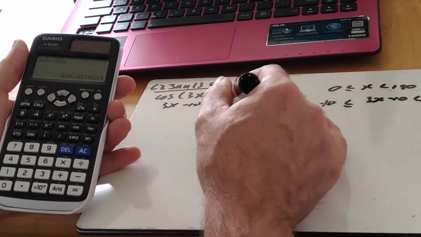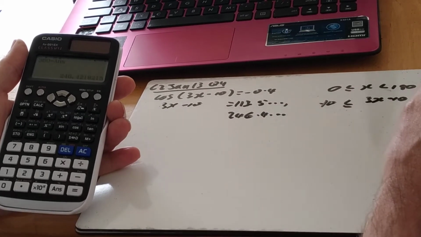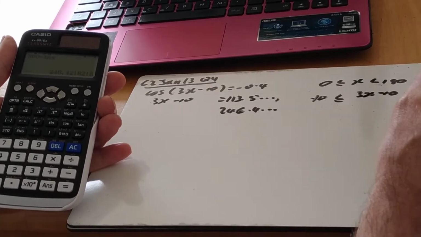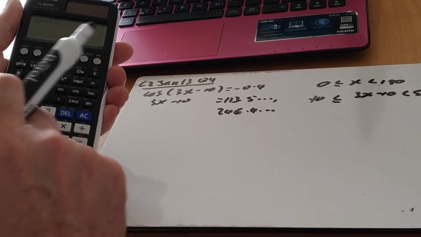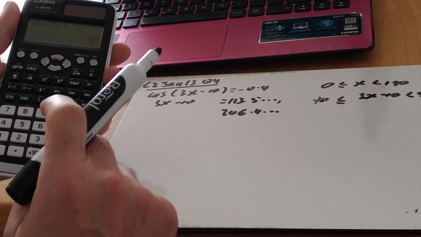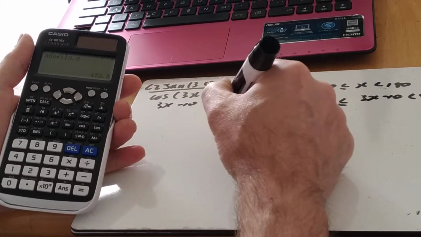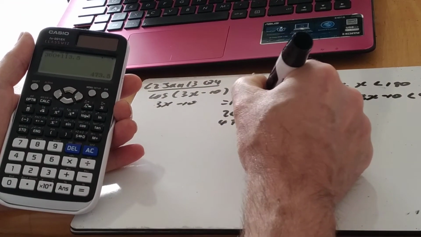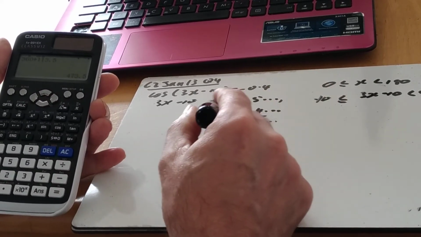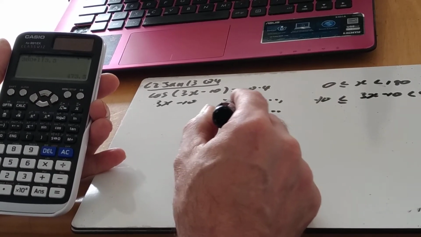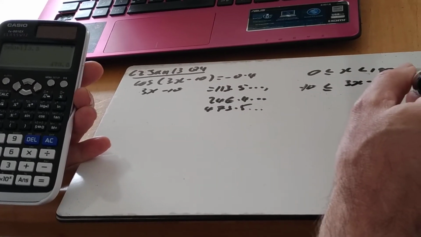So if I keep adding 360s onto this until I'm outside of my range, that'll do the job. So 360 plus my 113.5 is 473.5, that does the job there, because adding 360 onto this one gives me roughly 600. It's out of my range.